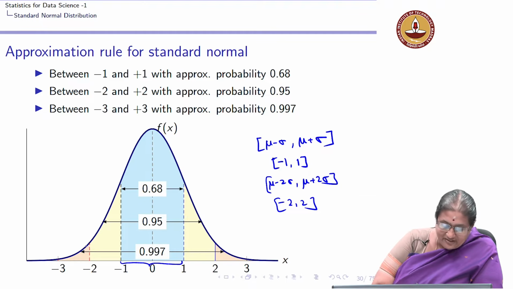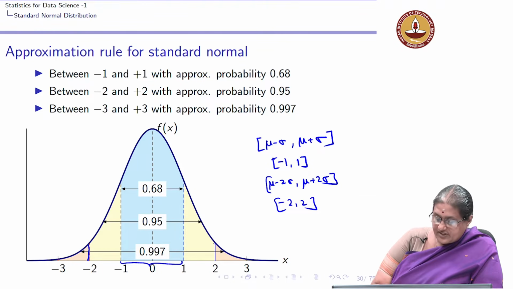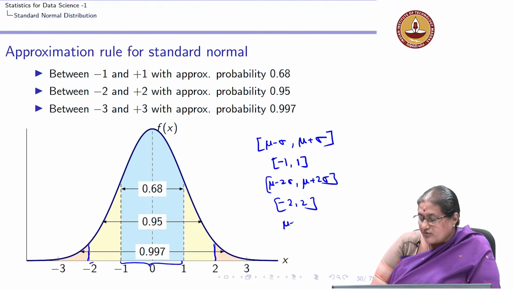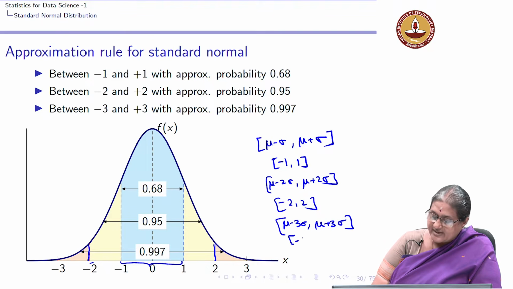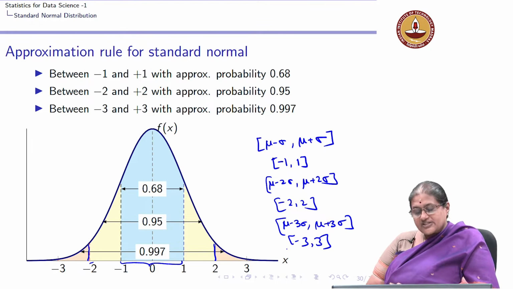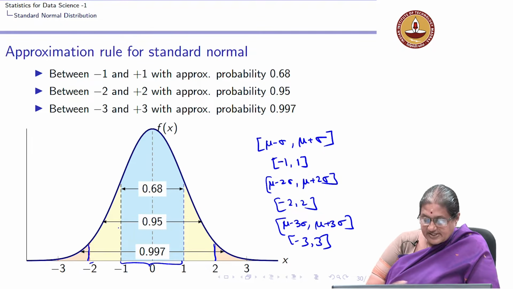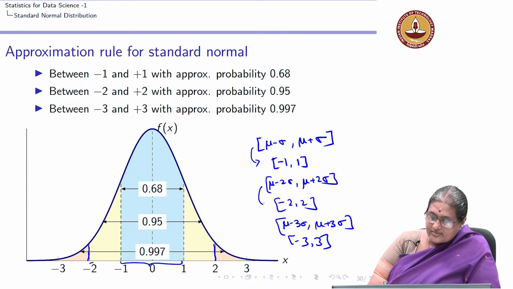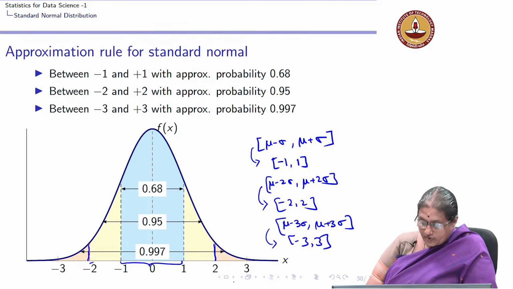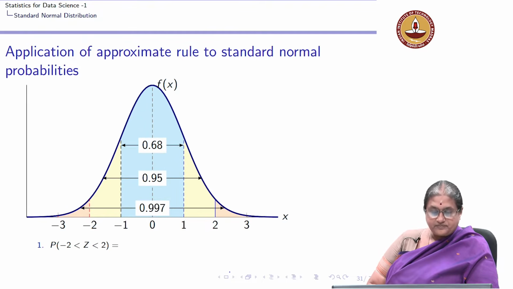I will have 95% which would lie between minus 2 and 2, and 99.7% which would lie between mu minus 3 sigma and mu plus 3 sigma, which is minus 3 and 3. So, the approximation rule for the standard normal is also the same as I understand and recognize what mu minus sigma, mu minus 2 sigma and mu minus 3 sigma are in the standard normal.